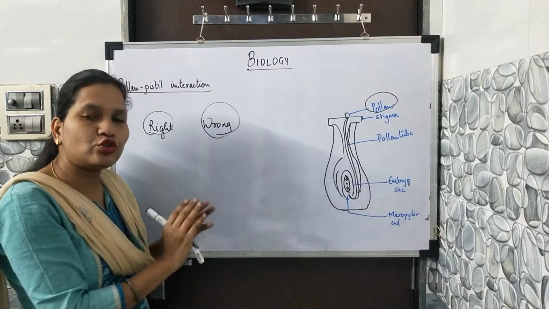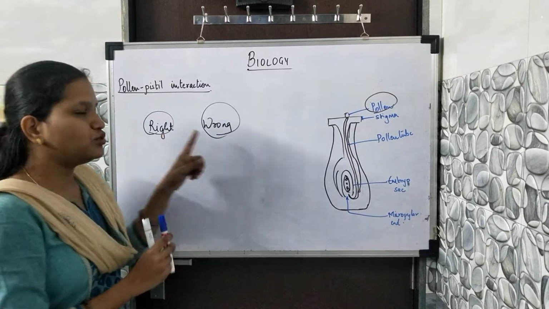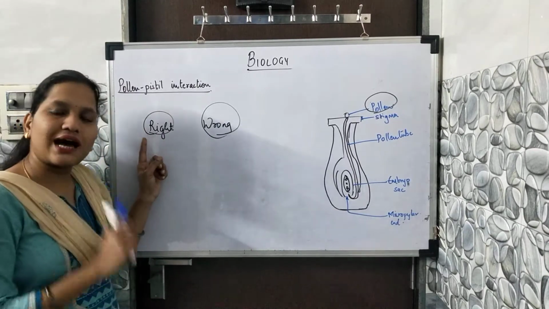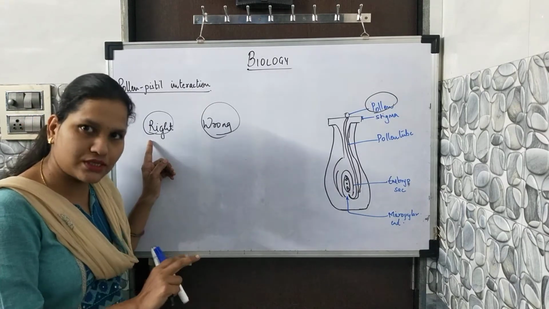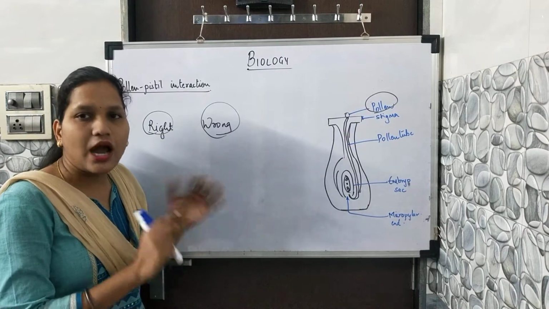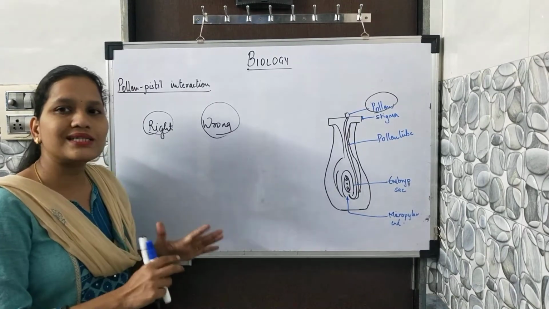You must have understood what I am trying to say. There are two types of pollen, right and wrong. The right pollen is of the same species, and the wrong pollen is of a different species, which is not allowed by the pistil or the stigma. So what is the concept?